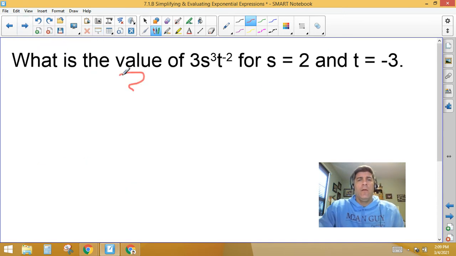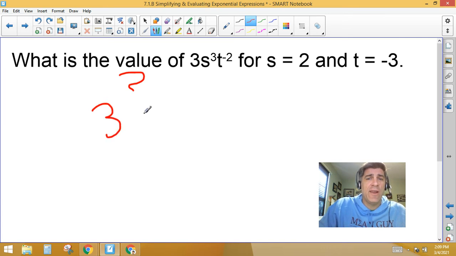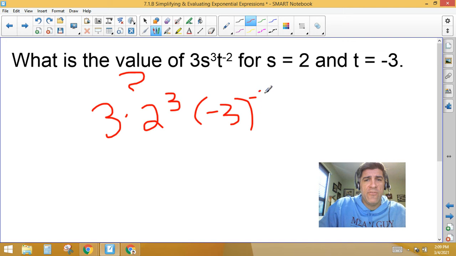So this is our last little piece. This is when we're going to actually evaluate. See how it says, what's the value of 3s cubed t to the negative second for s equals 2 and t equals 3? That means we're going to plug these in, and then I need to figure out what the actual number is. The first thing I want to do is rewrite it. Instead of s, I'm going to write 2 cubed, and instead of t, I'm going to put the negative 3 in parentheses to the negative second.